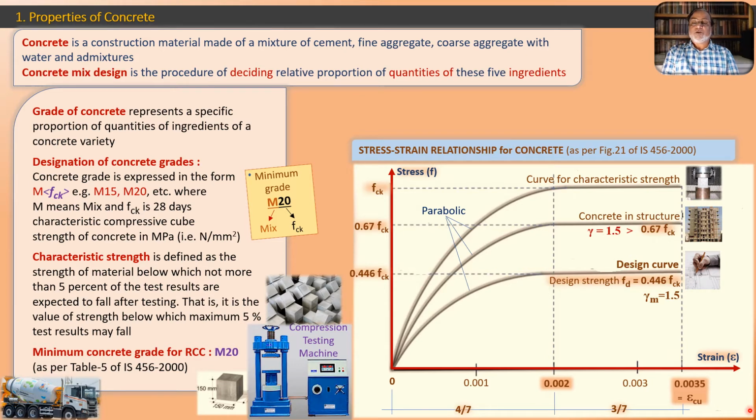Later on we are going to see in the assumptions for limit state design that this is the highest possible permitted value of strain in concrete by the IS code. So the IS code is saying that you can assume that concrete has broken or collapsed if the strain value of concrete is 0.0035.